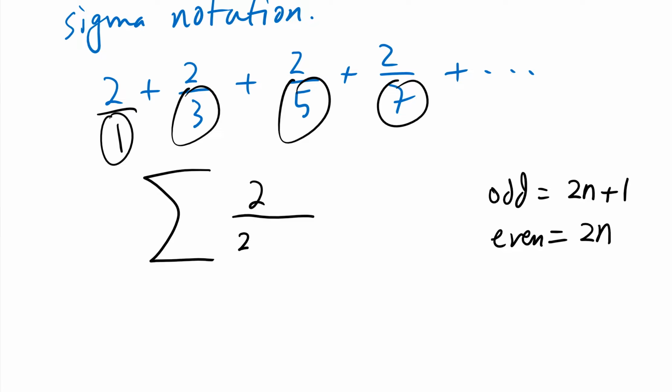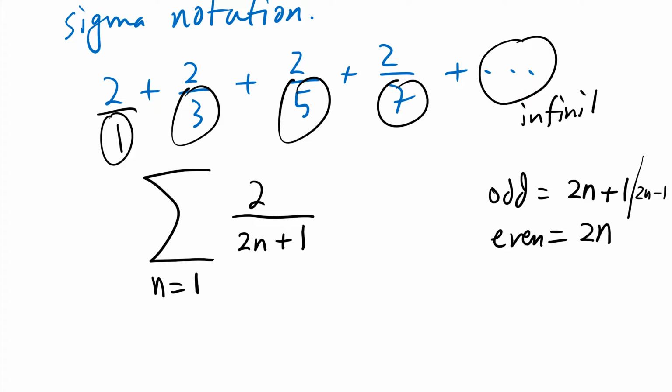So if I want to put 2n plus 1 here, some people write 2n plus 1 or 2n minus 1, depending on what you want to get to. Now, n, we need to always make sure n starts at 1. And the 3 dots means it's infinite. So we put infinity there.